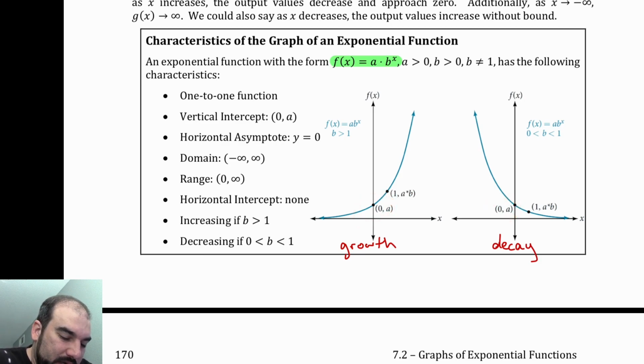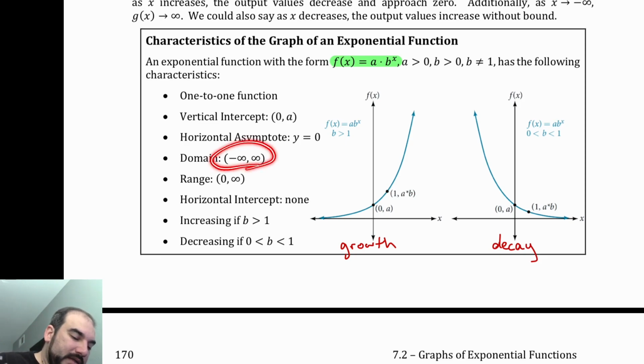So that's a good indication that a is just determining where the graph crosses the y-axis. There's always a horizontal asymptote at y equals 0. The graph will always approach y equals 0 but never cross it. So either going left it approaches the x-axis, or as we go to the right it approaches the x-axis.